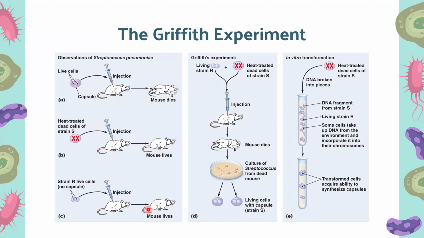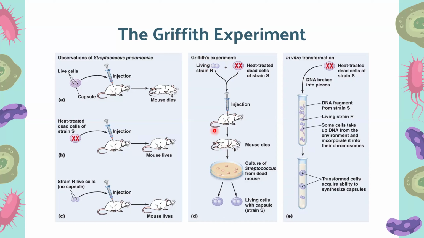But what they noticed happens is that through the process of transformation, those heat-treated dead cells are able to reactivate themselves using the living strain's DNA. It's insane. Okay. So through the process of transformation, those heat-treated dead cells, due to their high level of competency, are able to take up this living strain R DNA and then cause death in the mouse again.